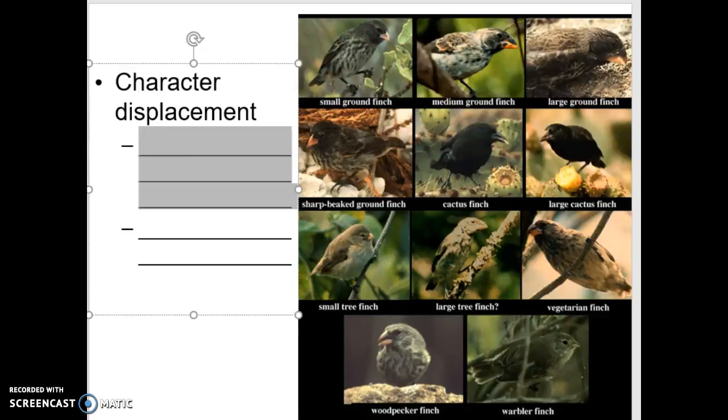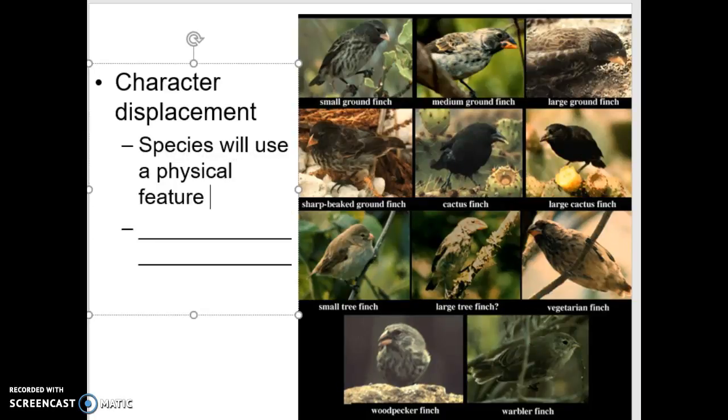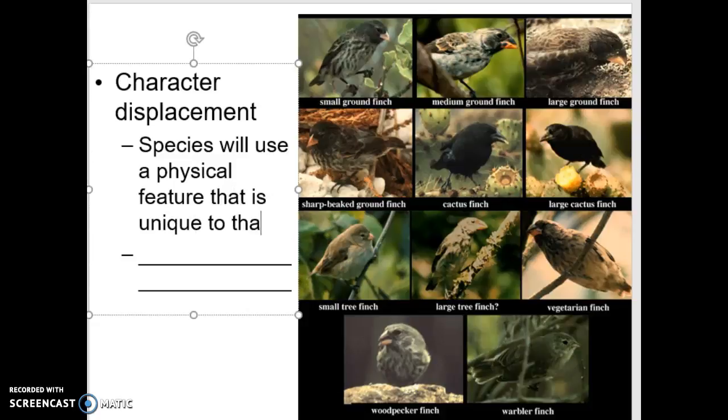In character displacement, a species will use a physical feature or trait that is unique to that particular species.